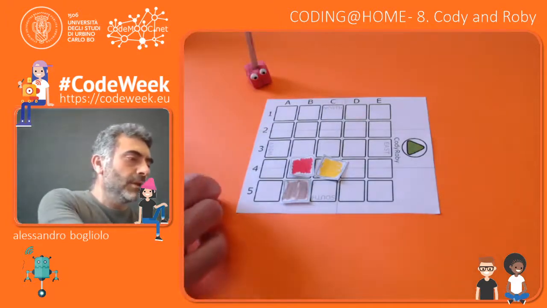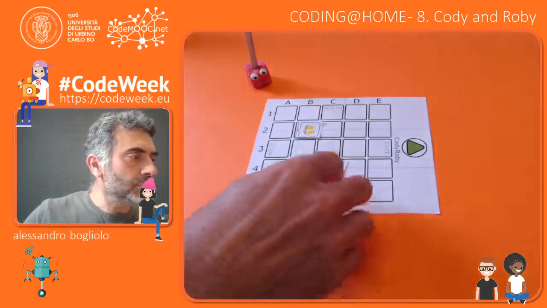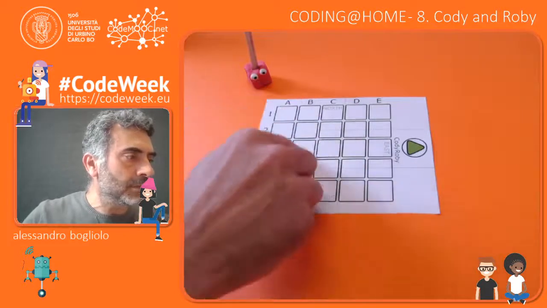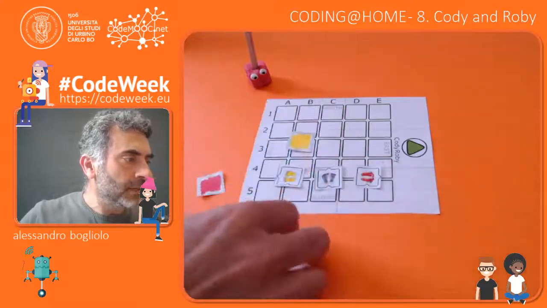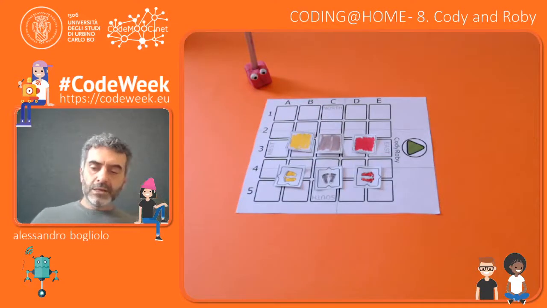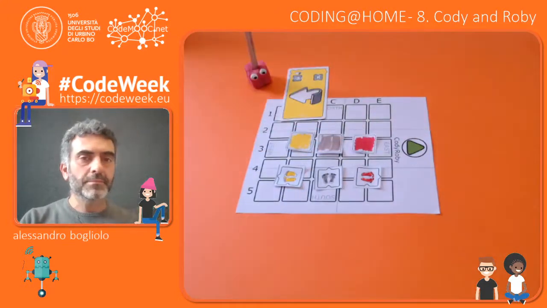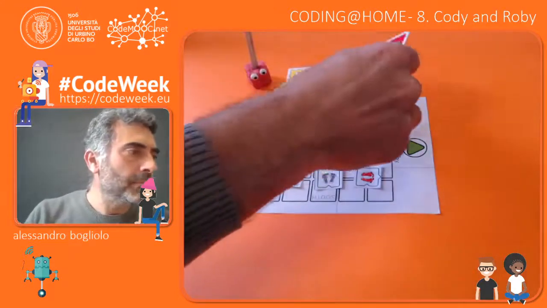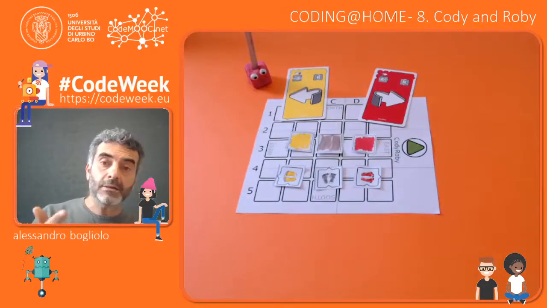Okay, so if I place these three instructions of the instruction set here just to make them visible together with their colored counterparts, I use them to introduce the new instruction set, which is no longer placed along the path, but instead represented as these cards that can be just shown to the robot in order to provide instructions.